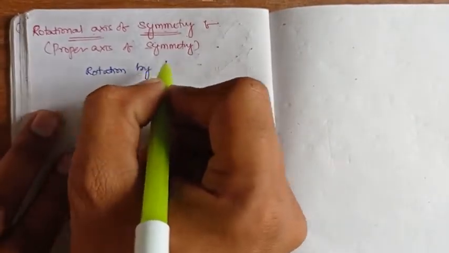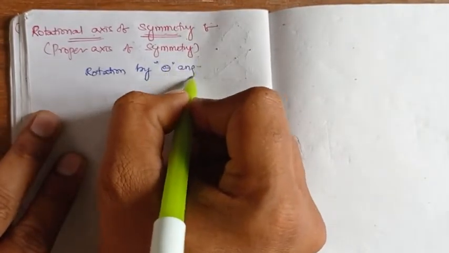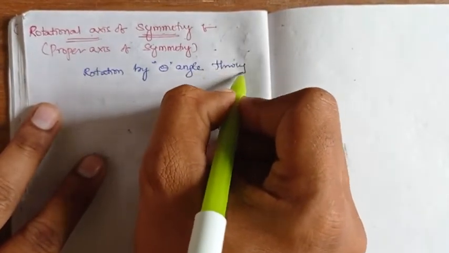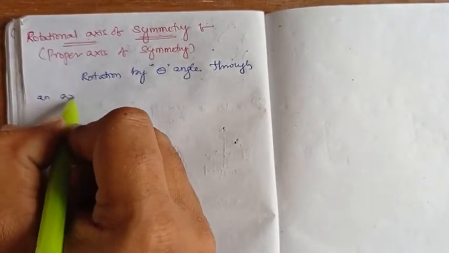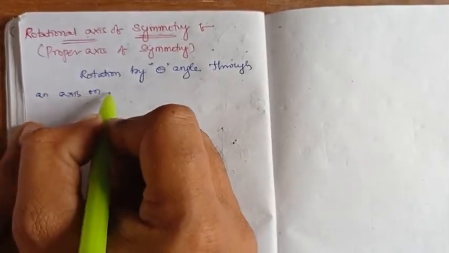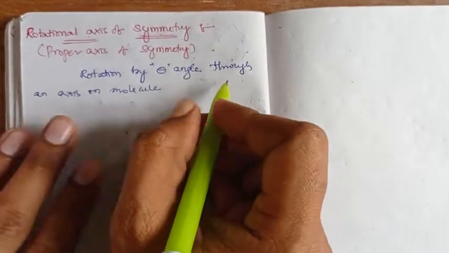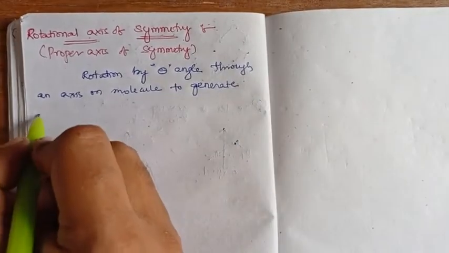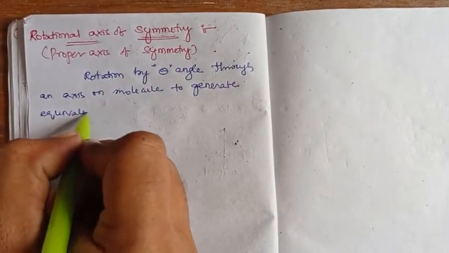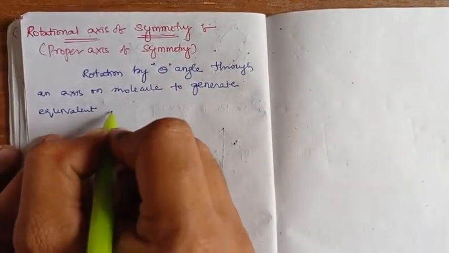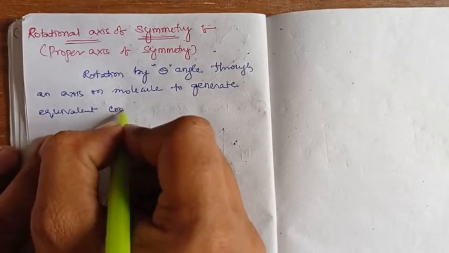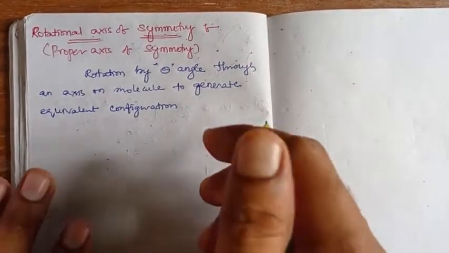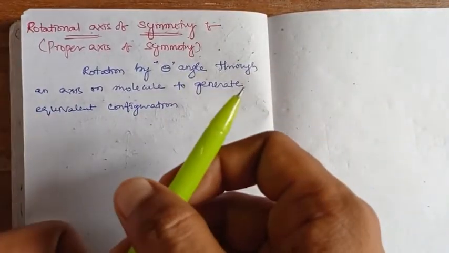by a theta angle through an axis on a molecule to generate an equivalent configuration, called a symmetry operation, right?